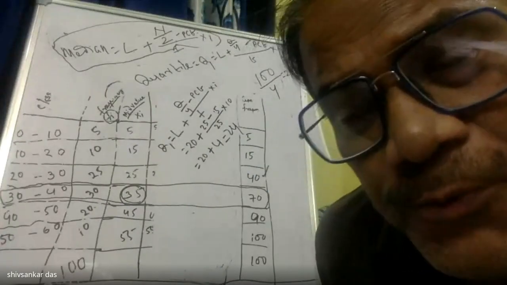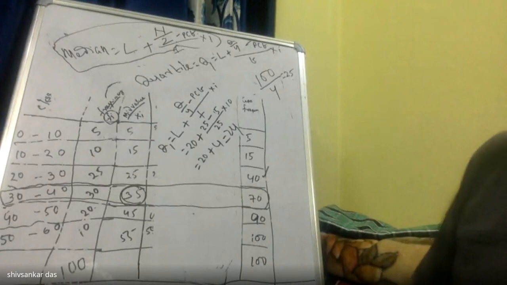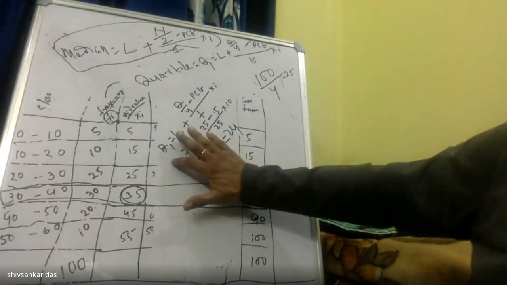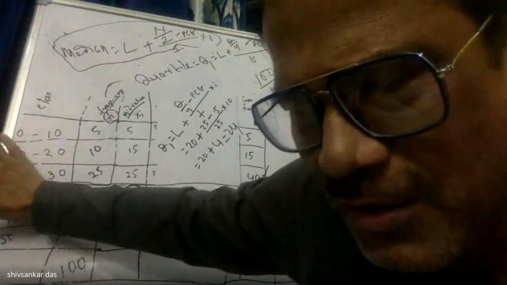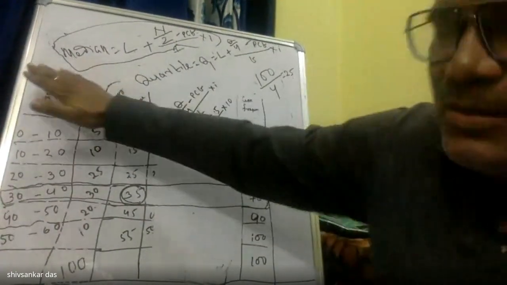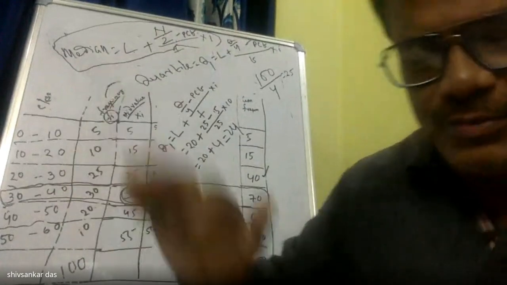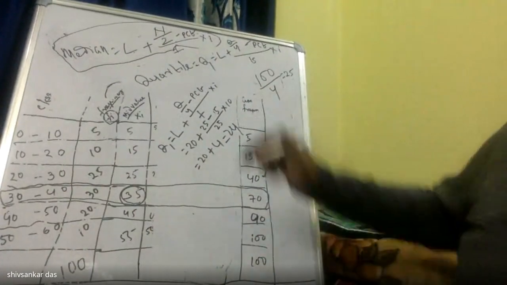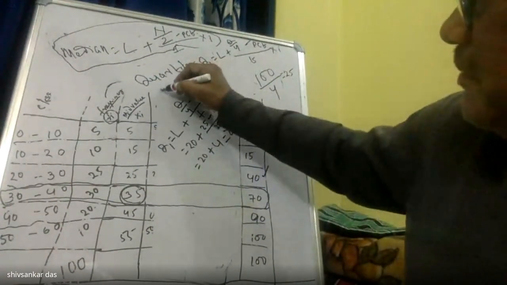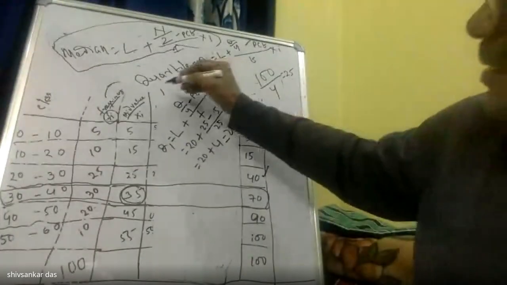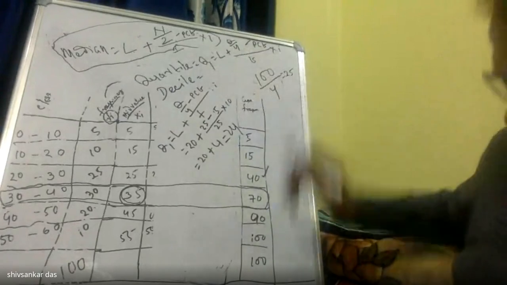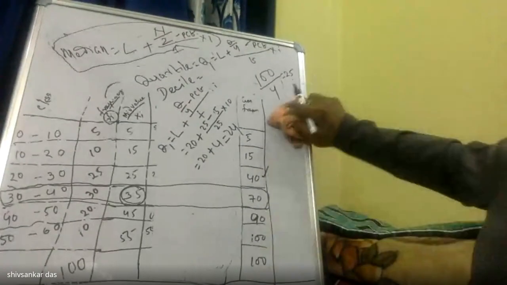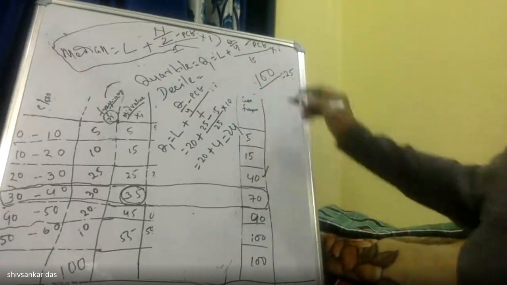Now I'll give you a calculation. You have to do it. So then let me complete. This is quartile, where the entire range was divided into 4 equal halves. Now the entire range will be divided into 10 equal halves. That is called decile. Median, quartile, decile. That means 100 will be divided by 10.